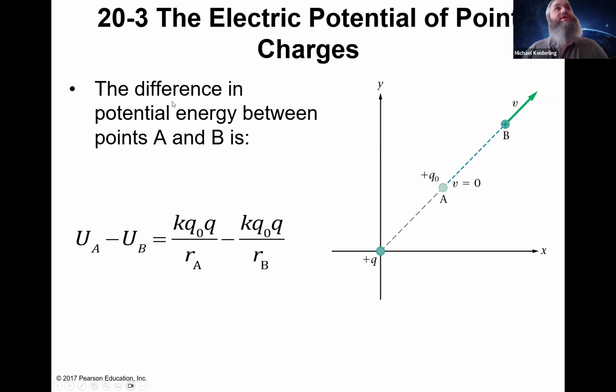If you work out the difference in potential energy for a test charge, if you have a charge of plus Q naught at the origin, and you have a test charge Q at some point A, and you move it out to some point B along a radial line, we'll find the difference in potential energy between point A and point B is K Q naught Q over RA minus K Q naught Q over RB.